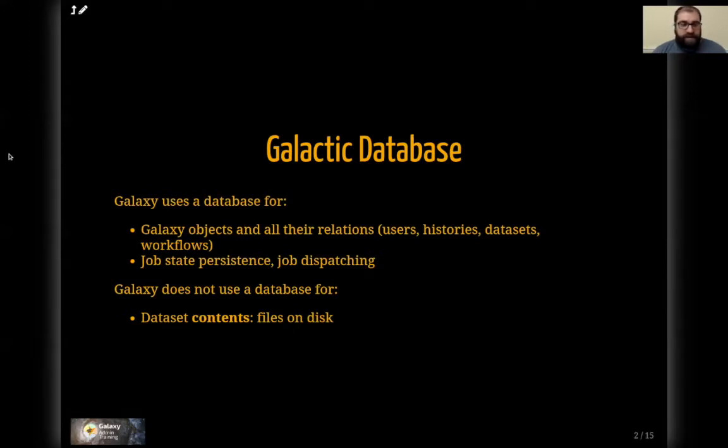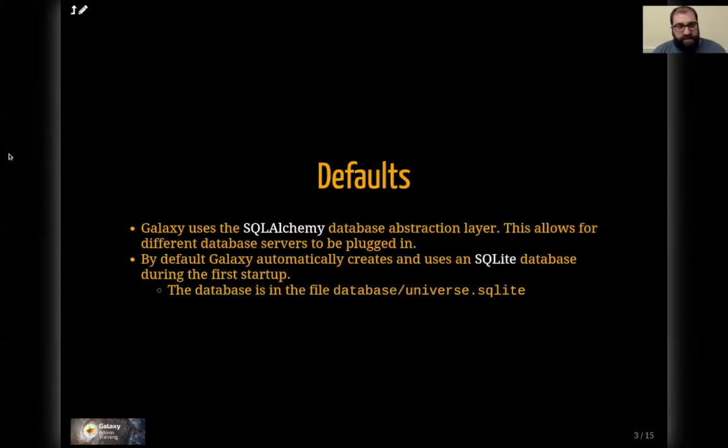We store these objects in the database, and we use it for things like persisting the state of Galaxy jobs, so that if you restart the Galaxy server, we know what jobs were running at that time, and so forth. The only way that Galaxy can run is using the SQLAlchemy database abstraction layer. This allows us to write Python code that interacts with the database without having to directly write SQL.